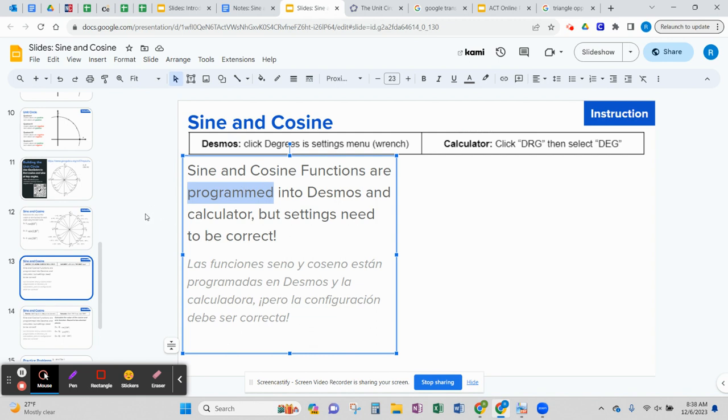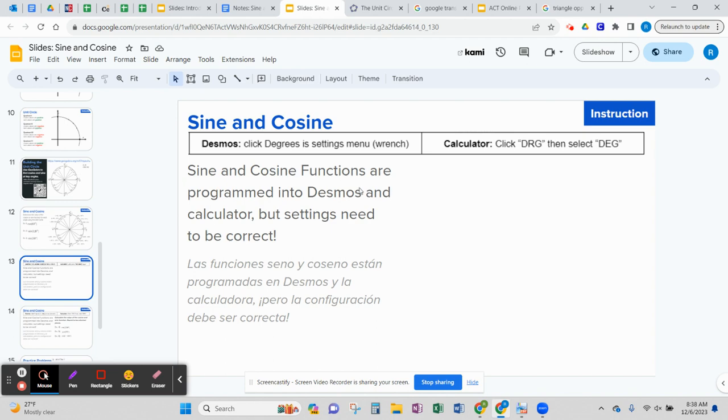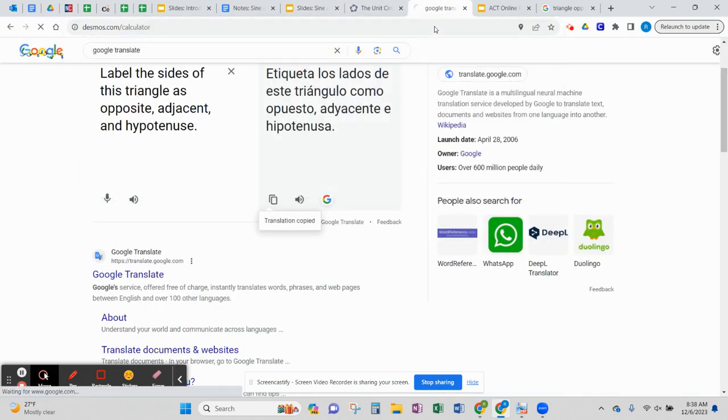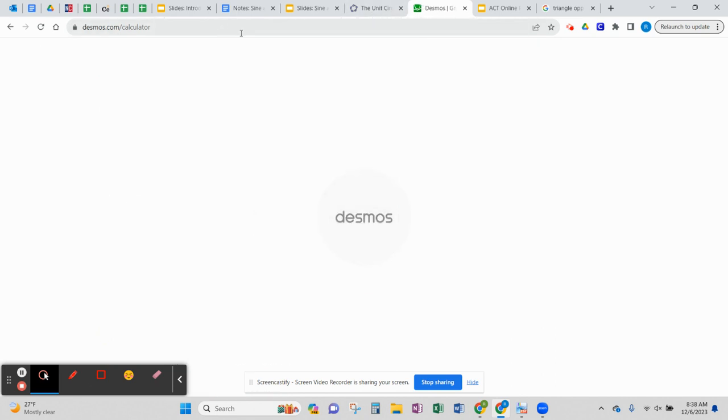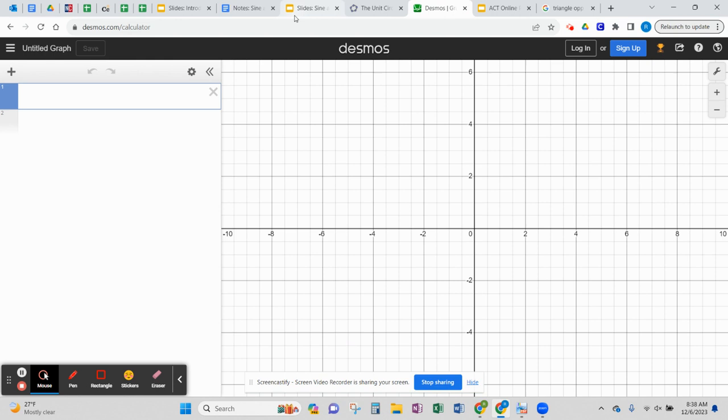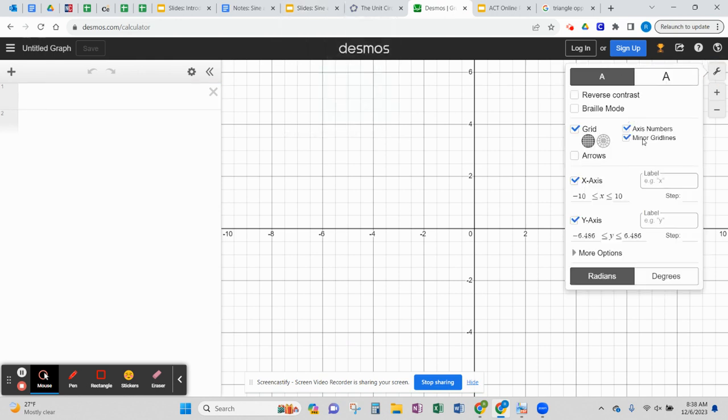The one thing we need to make sure of is that the settings are correct when we do that. So if you're going to use Desmos, let me pull that up for you. What you'll want to do is make sure that in this settings tool, notice how it shows up as radians to start.